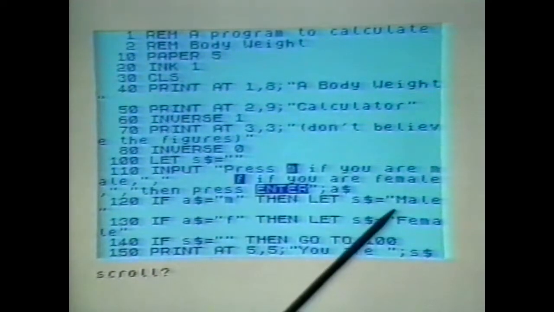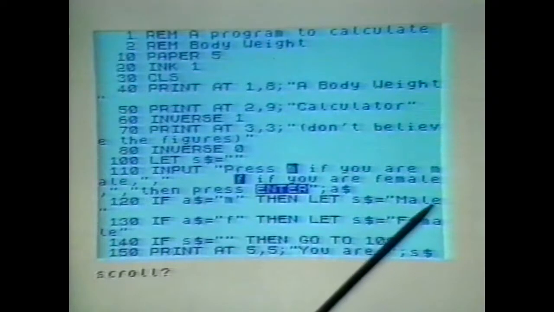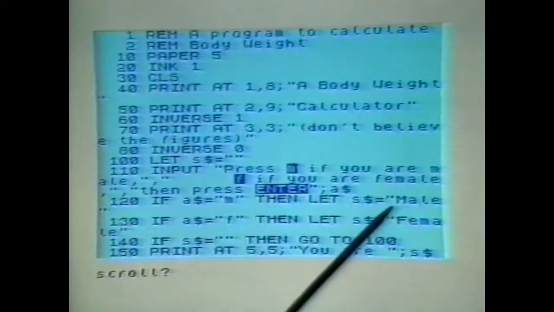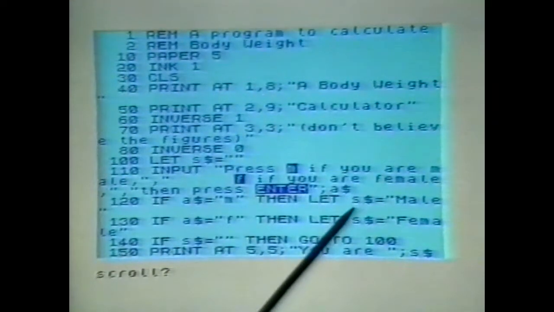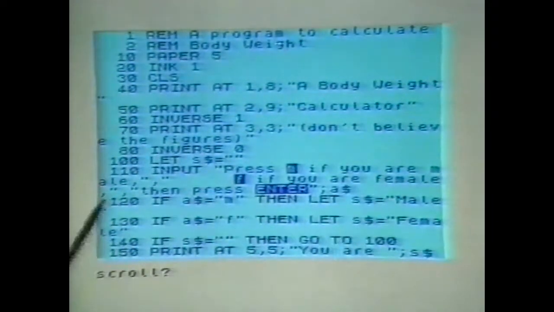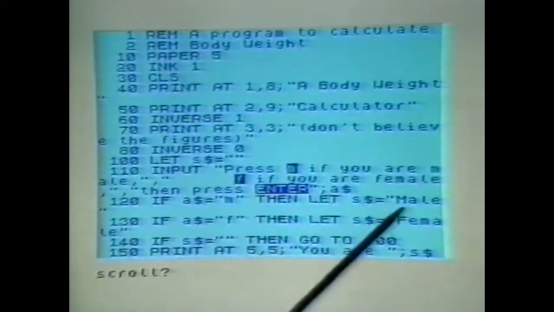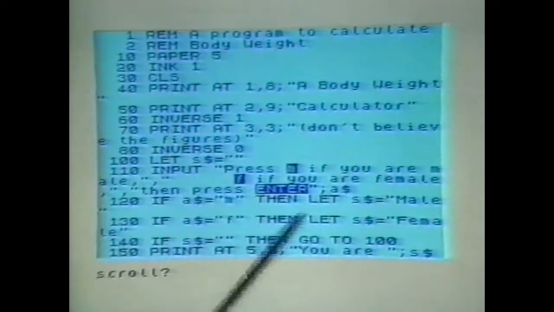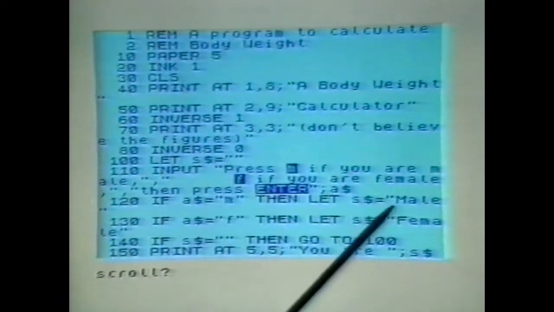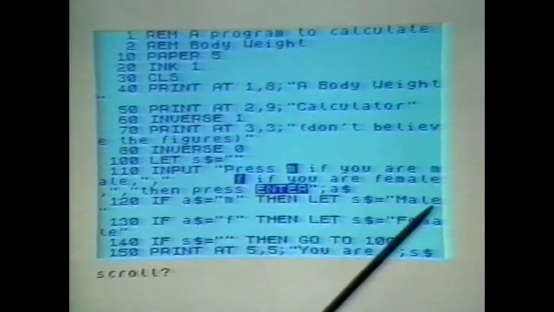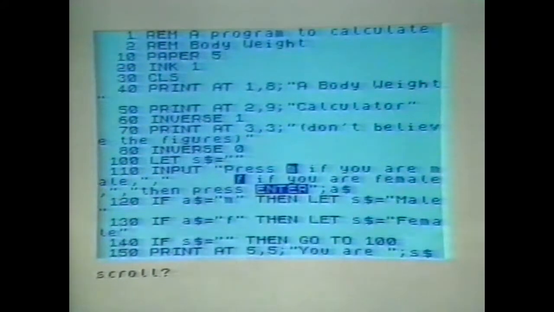I've said put M-A-L-E, the word male, into the string variable B$. A quotation mark there and another quotation mark there means that this is a constant value. So this let statement will always put the four characters M-A-L-E into B$.